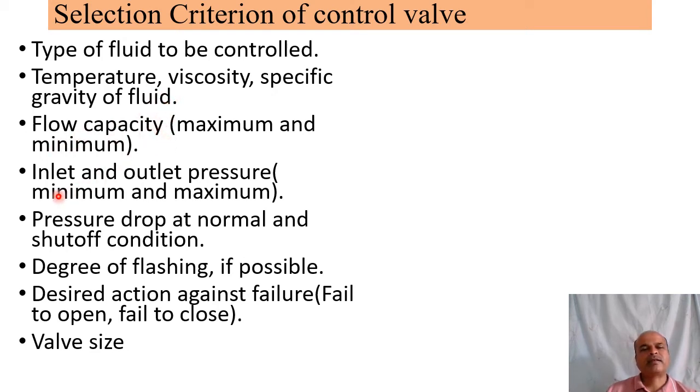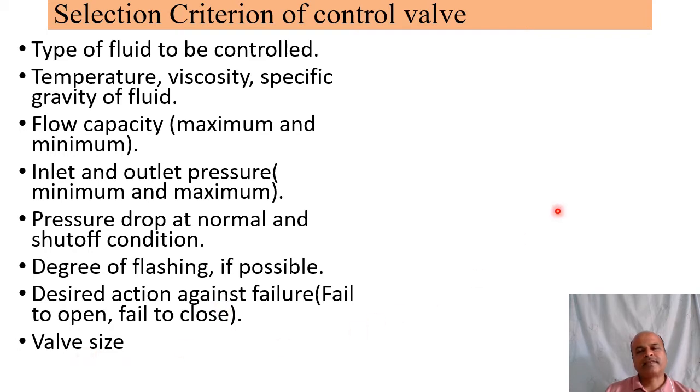Then flow capacity, then inlet and outlet pressure, minimum and maximum, pressure drop at normal and shut off condition. Then degree of flashing if possible, desired action against failure, fail to open, fail to close. So these parameters we also have to consider.